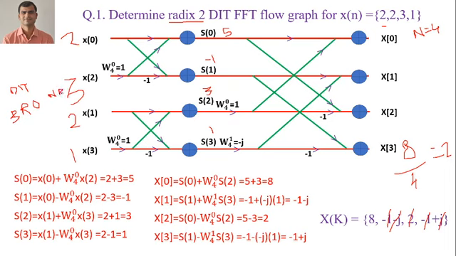And for DIF, the input sequence is in natural order and the output sequence is in bit reverse order. This is the major difference between the DIT and DIF FFT algorithms.